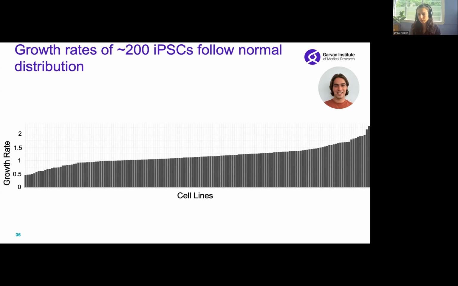And so this means that we can now, in a more educated way, create villages that have more similar growth rates. So we avoid that kind of overgrowing of a single cell line that would prevent us from being able to detect all of the cell lines that we've included in the village.